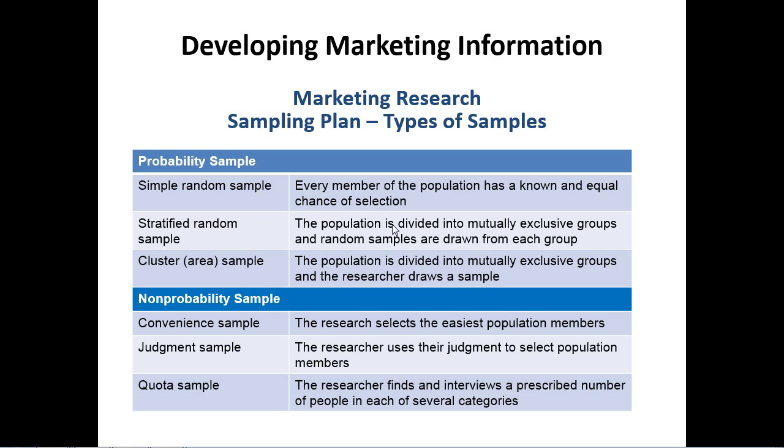Now, you may remember from statistics, there are probability samples and then there are non-probability samples. Many times, if you're really trying to generalize to an entire population, it really should be a probability sample where every person in the population has an equal chance of selection. Now, for most of us, that's not going to ever be the case because we don't even know the universe of people who are in the population.